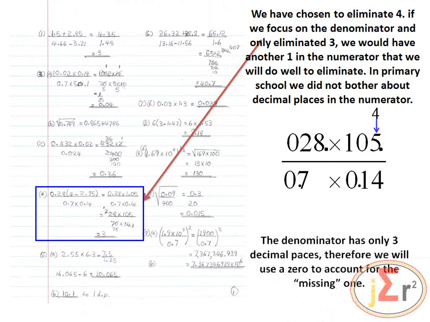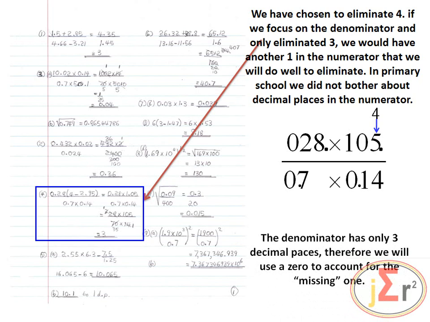The denominator has only 3 decimal places, therefore we will use a 0 to account for the missing 1 right there. So 2, then we will eliminate the other 2, and we will be ready for our division.